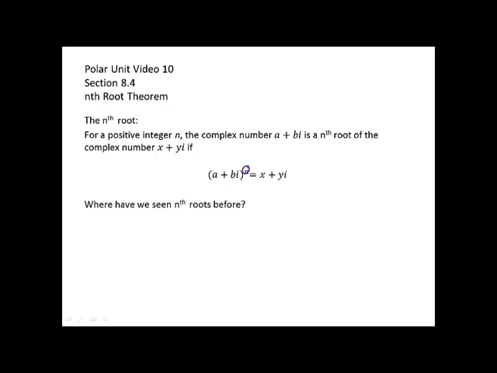But this term nth roots we've seen before. You may have had the cube root of 27. That's an nth root. The fifth root of 32, or even the cube root of a negative number would work as well. So we could type these into our calculators using a button under math.